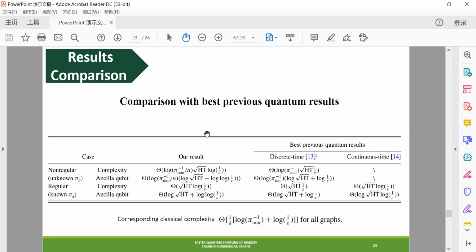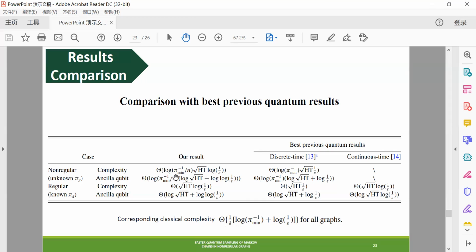Now let's see the results comparison. We compared our results with the previous quantum results, and this is the classical complexity. This is our result. This is the best previous quantum result. We compare them in terms of complexity and ancilla qubits. For non-regular graphs, our result is this, but for discrete time, its result is that.